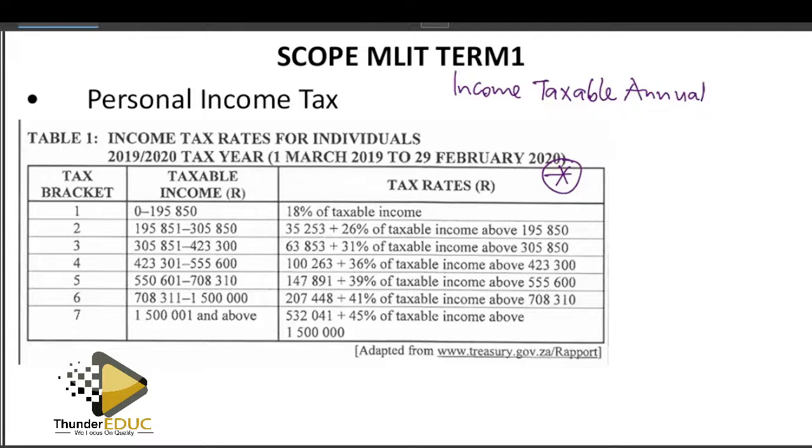And if you don't know how we get the taxable income, we shall always say taxable income will equal to gross minus, mainly we subtract what? Pension. If the person gives out donation, you subtract the donation. If the person pays for RAF, you subtract RAF, which is Road Accident Fund. All right? That's the number one thing.